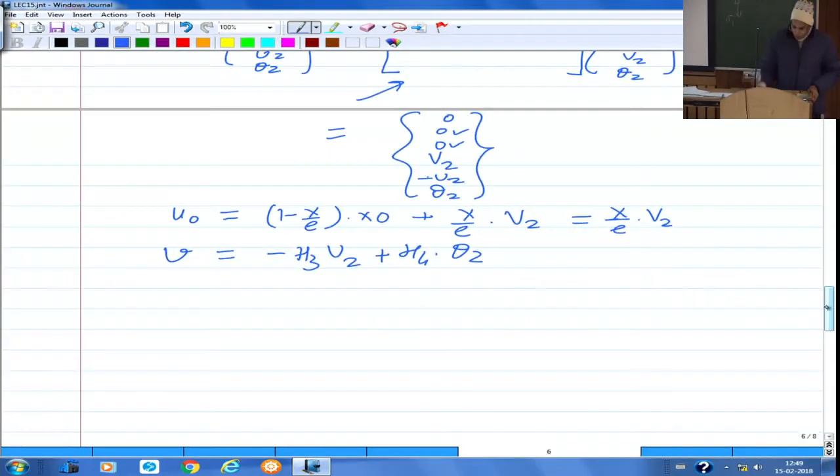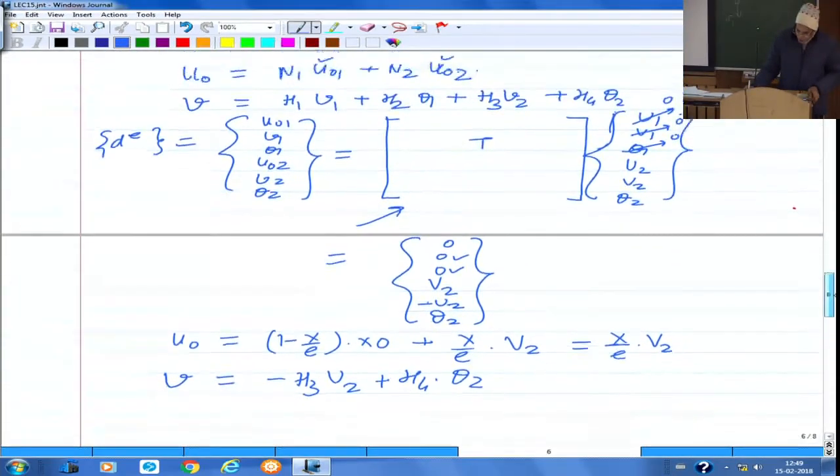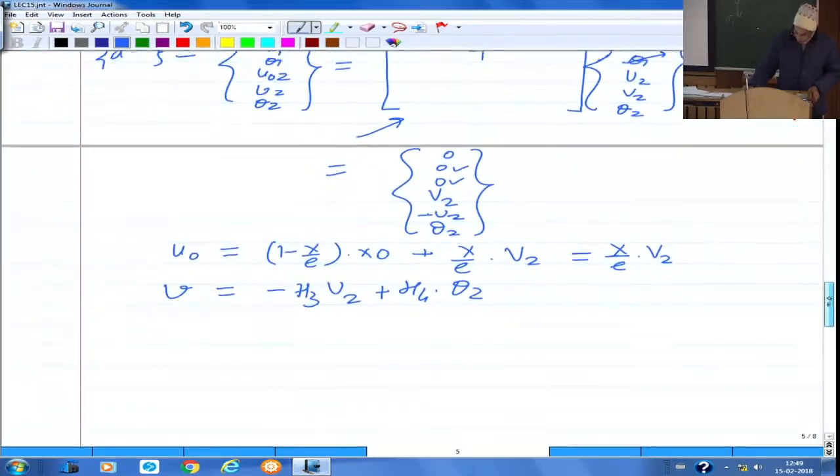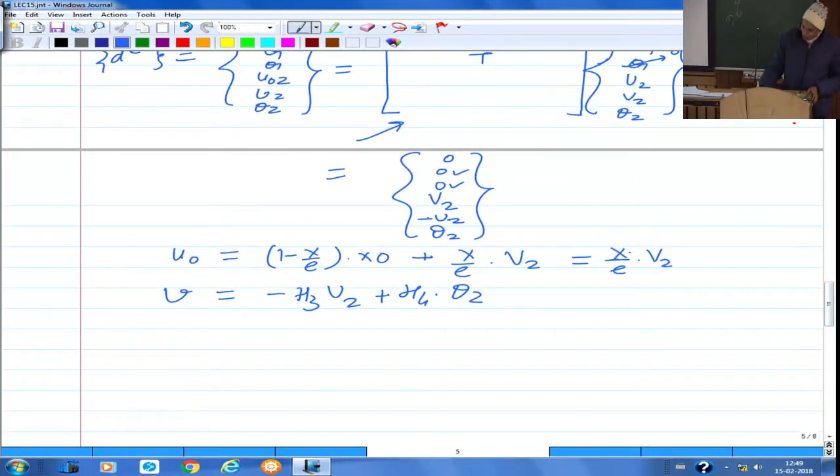So once you have got this, then to calculate the strain, what you need is the first derivative of u naught and the second derivative of v. If you want to calculate the displacement along the length of the member at any given location, you put that corresponding value of capital X and you can calculate that. Similarly, in this expression, if you put the value of X, you can calculate v anywhere within the element.